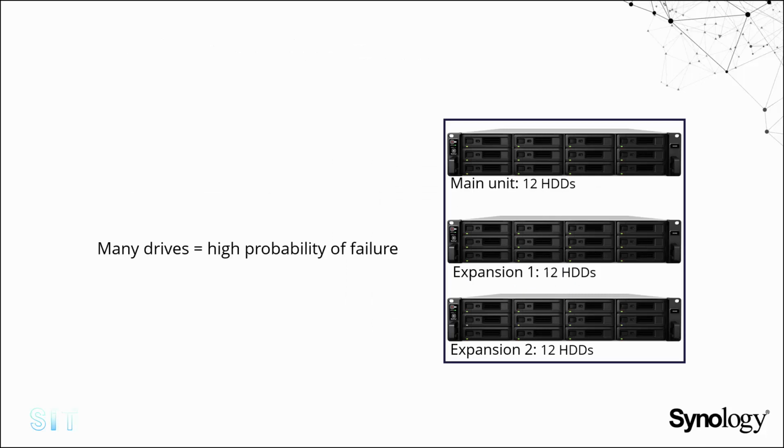The more hard drives we use in a system, the higher the probability of a single disk failure, of course. In large business models, especially when we have extensions connected, we use a lot of hard drives, which increases the probability of a failure. In our example, we would have 36 HDDs, of which only 2 are likely to fail.